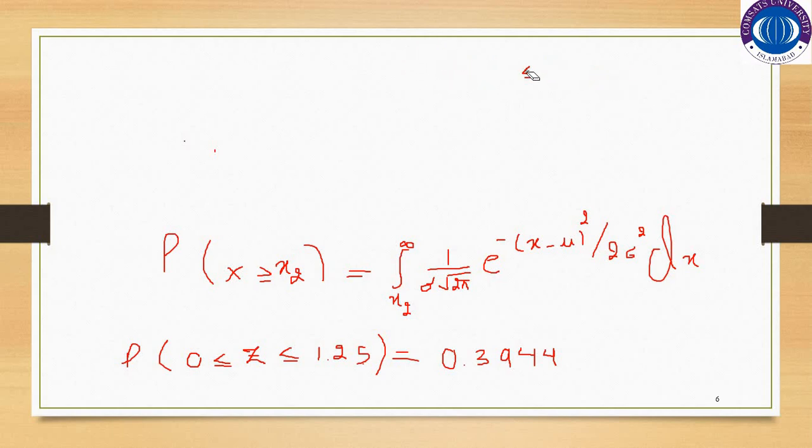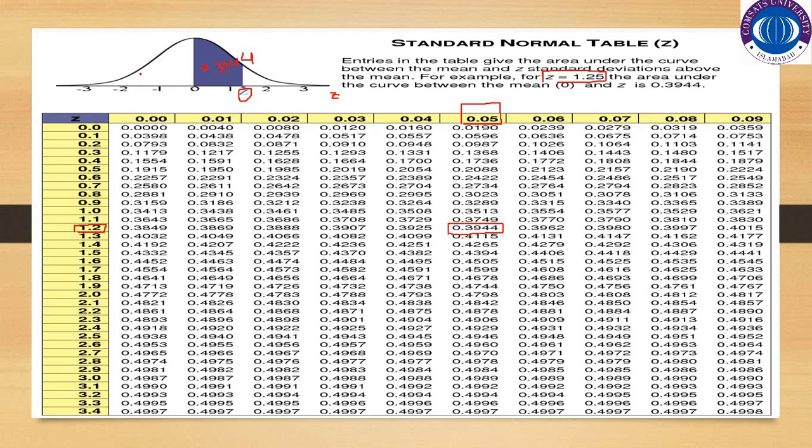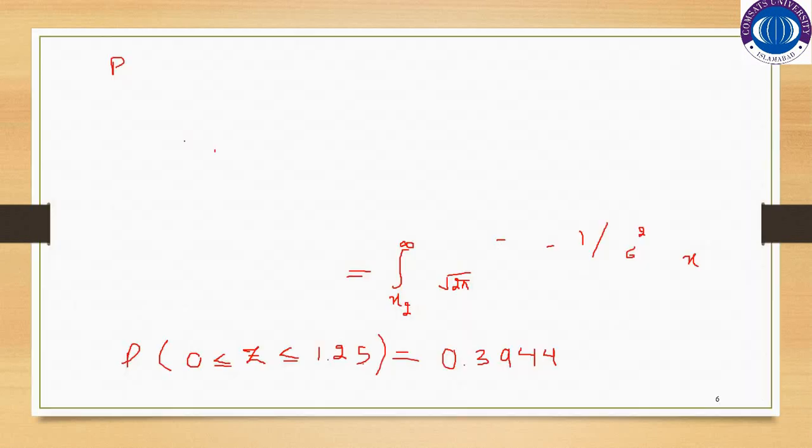Now, in this case, this will be a probability. If you concentrate on the graph, minus 1.25 will be somewhere here. So you want to find out this area. How will you find this?